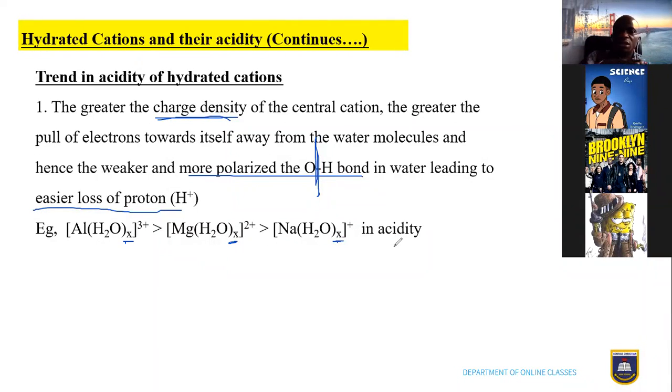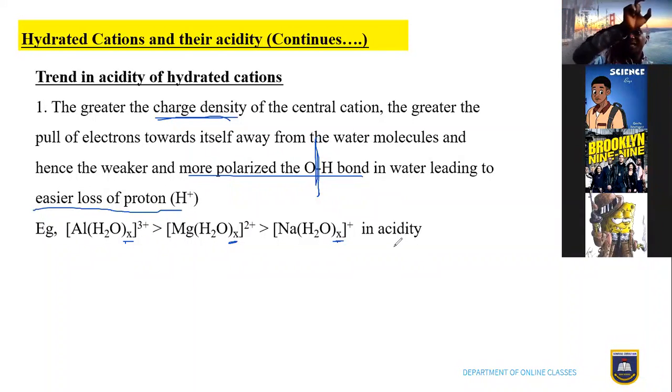So you can imagine how its charge density will be ridiculously great. Size increases in that order: aluminium has the smallest size, followed by magnesium, and then sodium has a bigger size. These three elements are in the same period: sodium comes first, followed by magnesium, then aluminium.